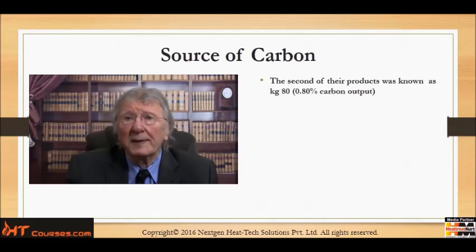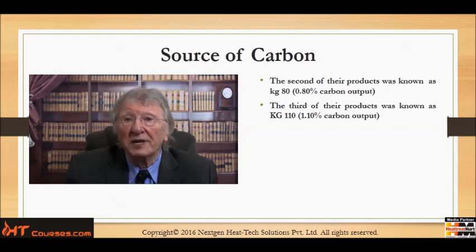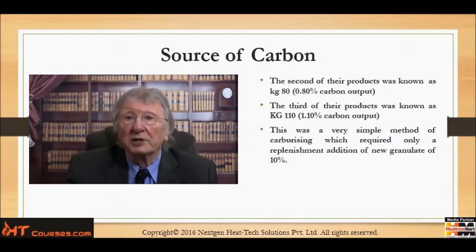The second was known as KG80, that is 0.8% carbon output. The third was known as KG110, which is 1.1% carbon output. This was a very simple method of carburizing which required only a replenishment addition of approximately 10% new granulate.